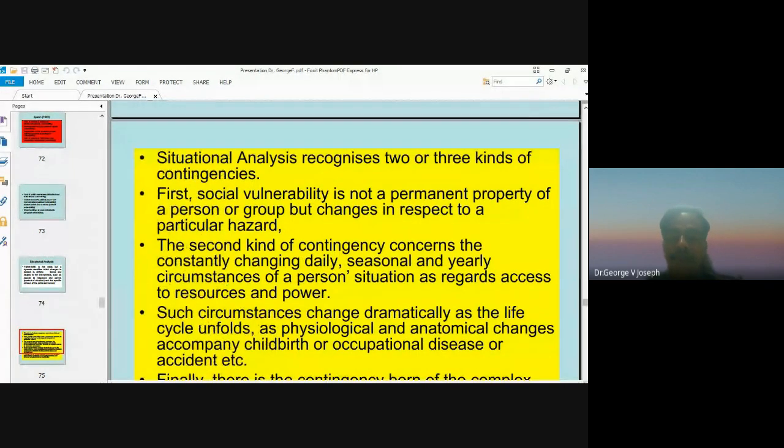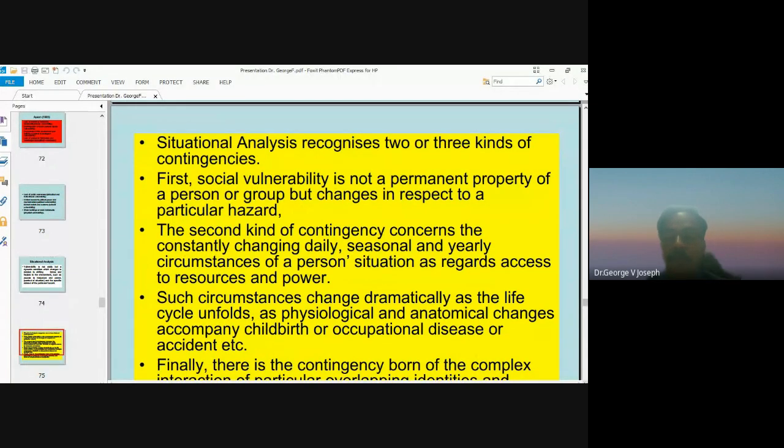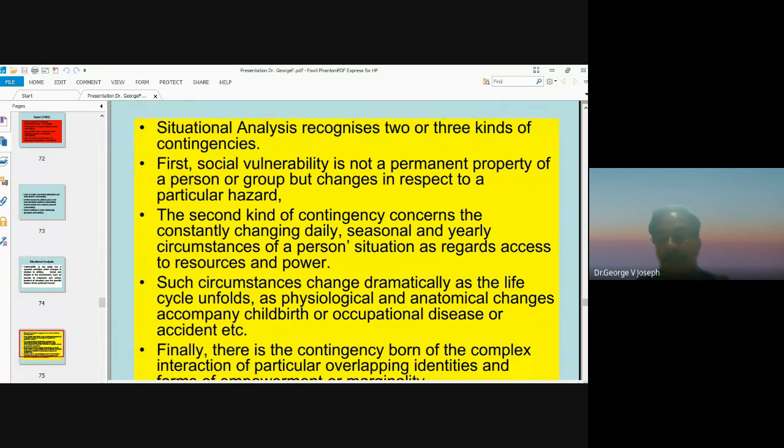Such circumstances change dramatically as the life cycle unfolds, with physiological and anatomical changes from childbirth to occupational disease. The vulnerability may not be the same when you are an adult or an old person.